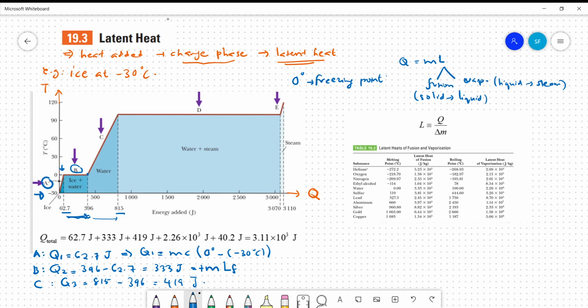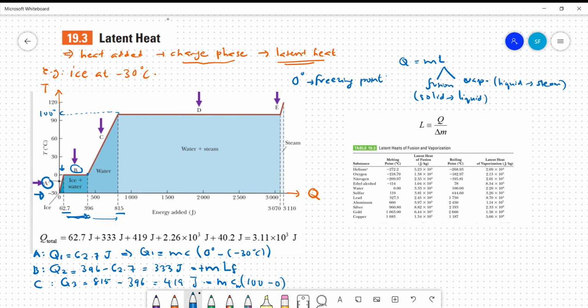This amount of energy, 419 joule, is required to increase the temperature of water from 0 to 100 degrees Celsius. We know that 100 degrees Celsius is the boiling point of water. And this is equal to m c water, T final minus T initial, 100 minus 0. This is for C.